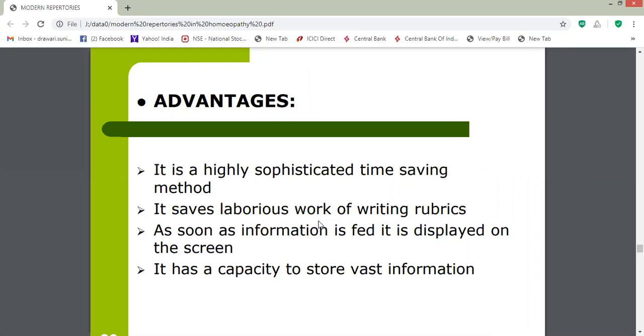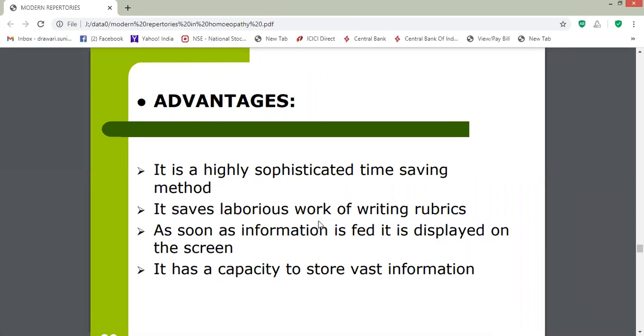Gaining knowledge is less when we use the computer frequently. When we use the computer frequently, we cannot think much, we cannot try to gain new information.